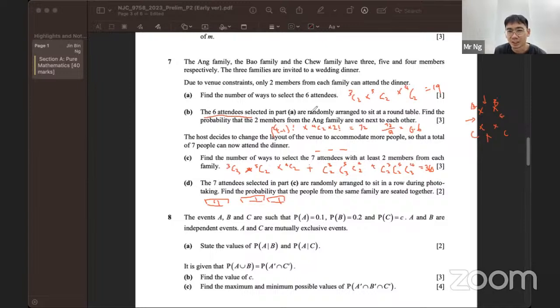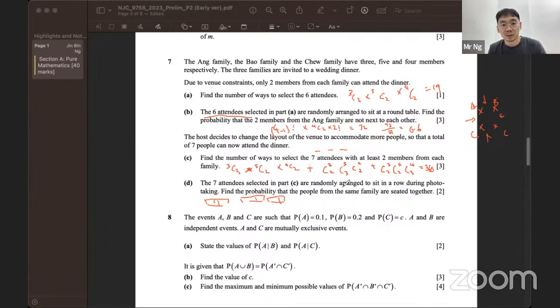Wait, is this one a conditional probability? I don't think so.